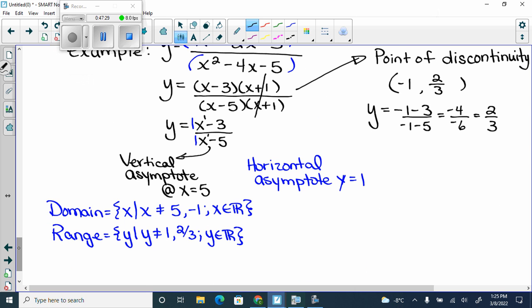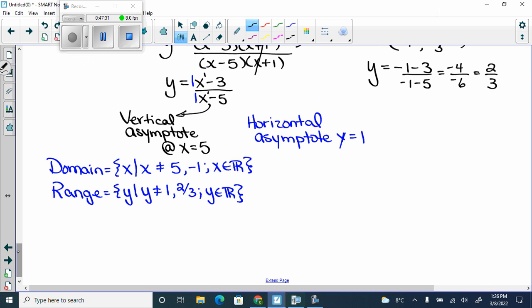Okay. Page 451. We have one little thing to still go over. If I give you a graph of one of these, how the heck do you come up with the equation? But we're doing that tomorrow, not today. So page 451. Number 1.